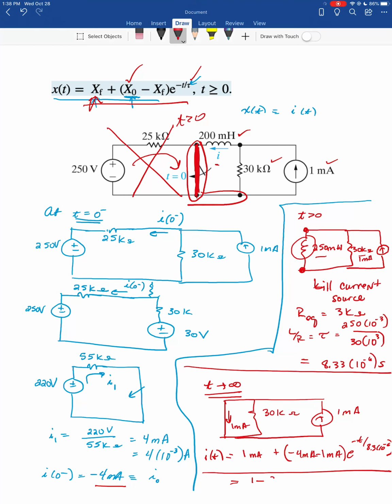Then you look at what happens after the switch moves, and you find the Thevenin resistance as seen by the inductor or capacitor, depending on which one it is. So you kill all the sources in the t greater than 0 circuit. You look at what resistance is seen by the storage element, and then you take, for inductance it's L over R, for capacitance it's RC.